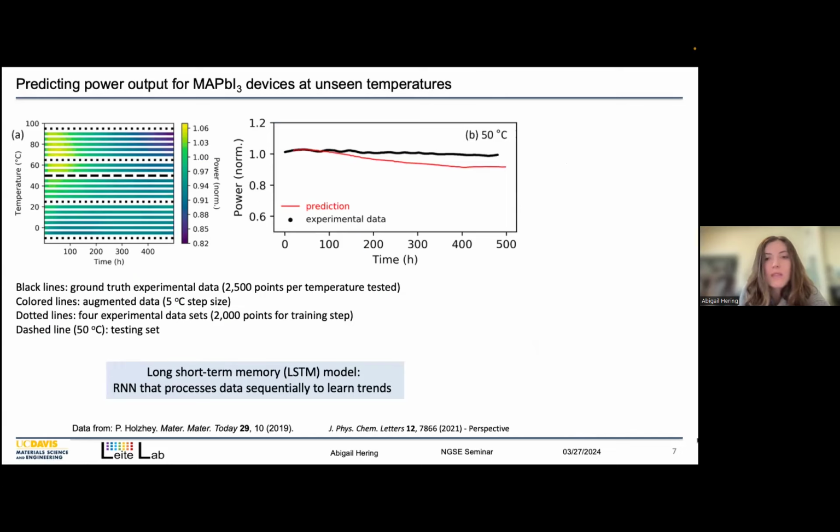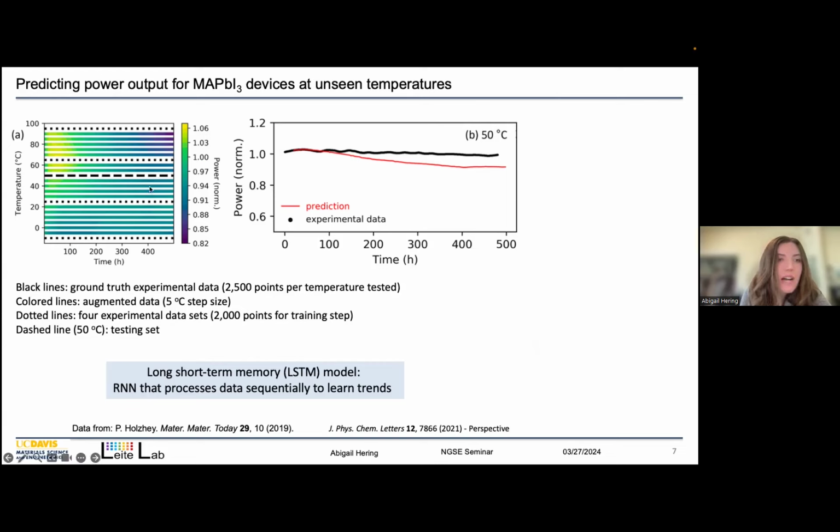So before I get to that last example, I just have a few more literature examples from review papers from my research group. So here, the long short-term memory model is applied to methylammonium lead iodide devices to predict their power output at unseen temperatures.